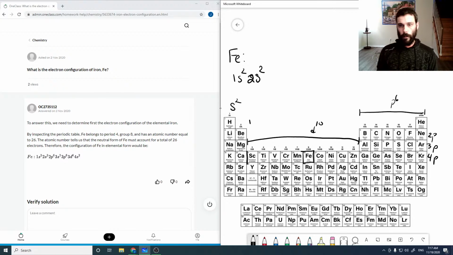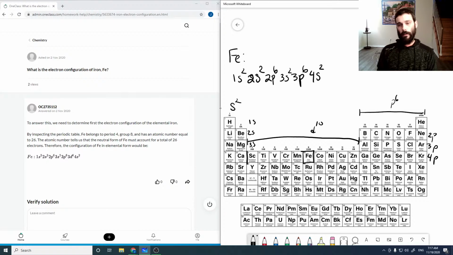And over here we have the 1s's, the 2s's, and the 3s's. So we've got 2s, and we're going to fill that, and then we're going to go up to 2p, and we're going to fill that because iron is way past there. And then we've got 3s, and then 3p, and then 4s, and then 3d.